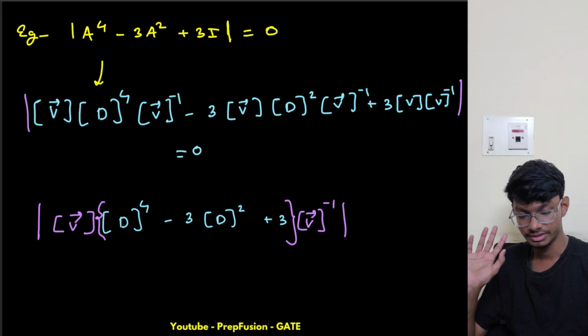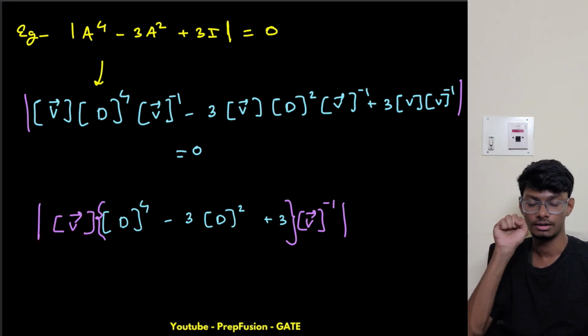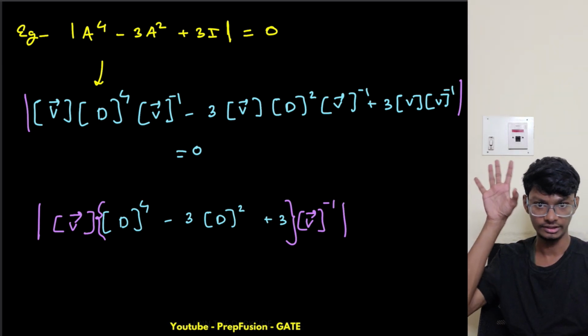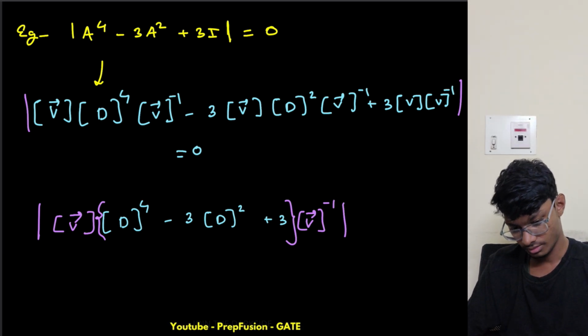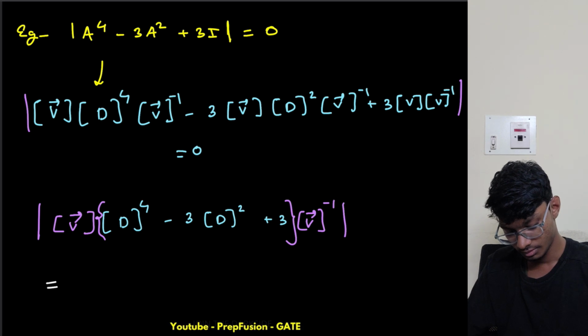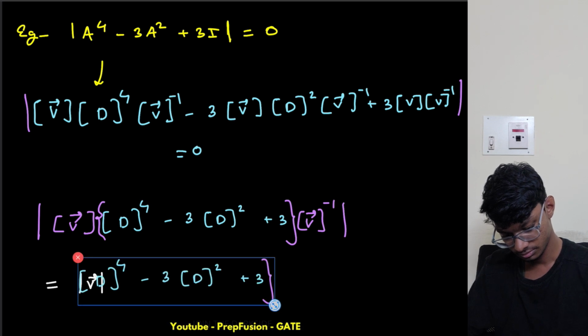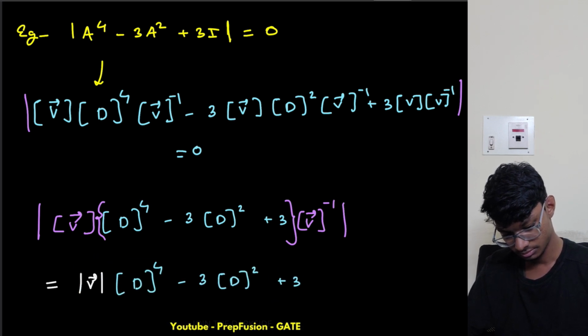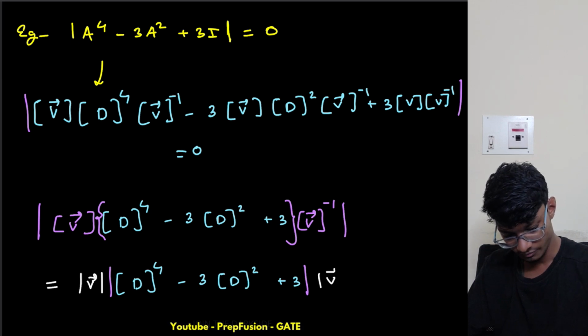Now what is important to note here is I can simply take this out. The determinant of a matrix product, the determinant of A into B, I can find individually: determinant of A times determinant of B. This is the basic property. So this will be equal to determinant of V, times the determinant of the middle equation, times the determinant of V inverse.